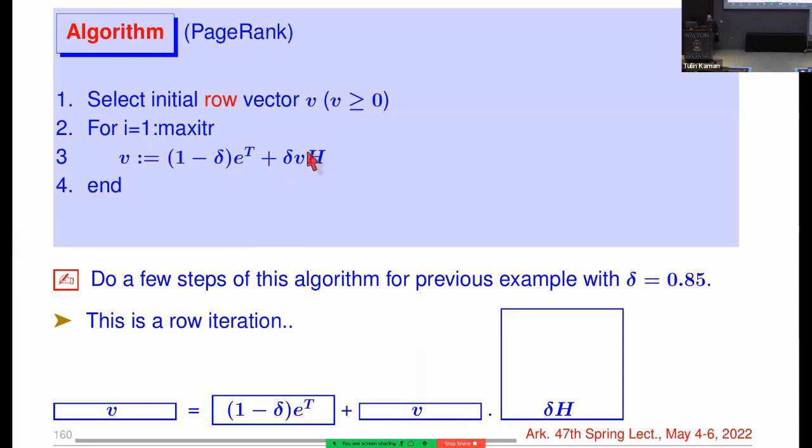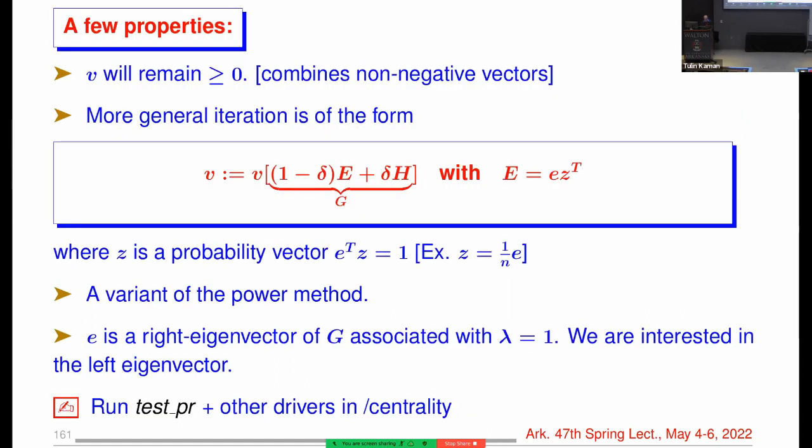And then what happens in the end is you get an eigenvector. V, by the way, is a row vector here. And you get an eigenvector of this matrix in here. So that's the iteration that you see at the bottom. Rather straightforward. This is what I was talking about here. That's the matrix G. This is the power iteration we're using.